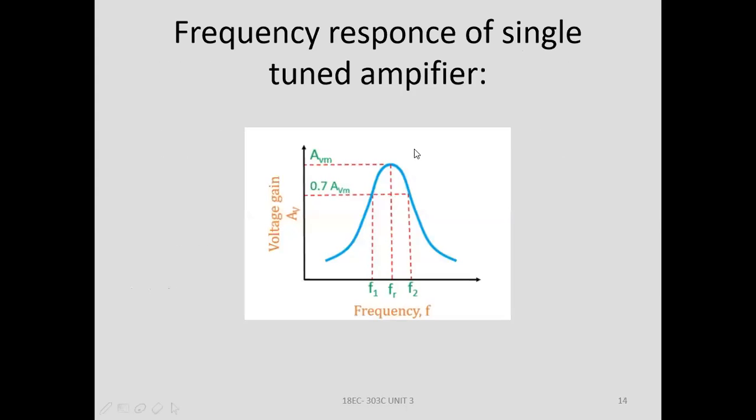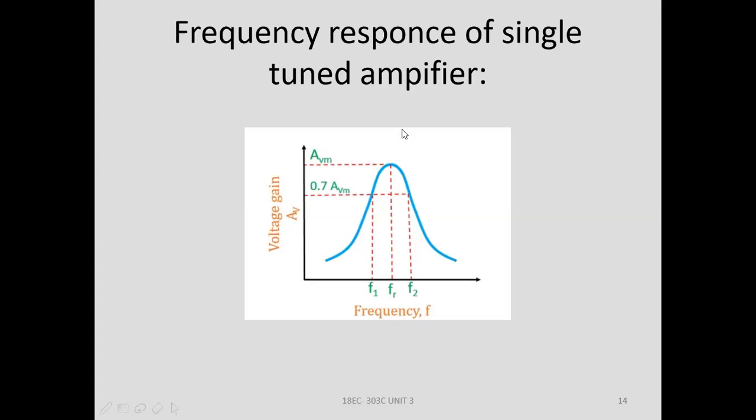This is the frequency response of the tuned amplifier circuit. If you observe this frequency response, at resonant frequency FR, the tank circuit impedance is high and the output is high. That means we will get the maximum gain. At high impedance, the output is high, so the circuit offers high gain at resonant frequency.